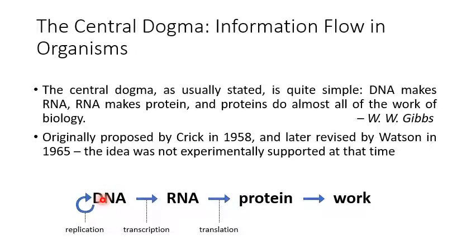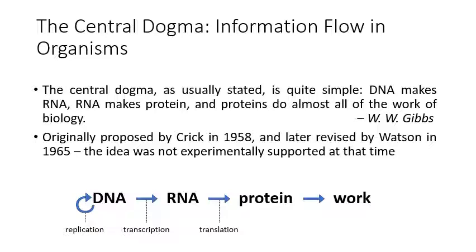Then if you were going to use that DNA to make protein, first you would make an RNA copy of the gene, then you would use that RNA copy to build the protein, and then the protein does the work. And then we have names for each of these processes. DNA being copied into RNA is transcription, RNA being used to make protein is translation, and then of course when DNA is copied to make more DNA, that's replication.